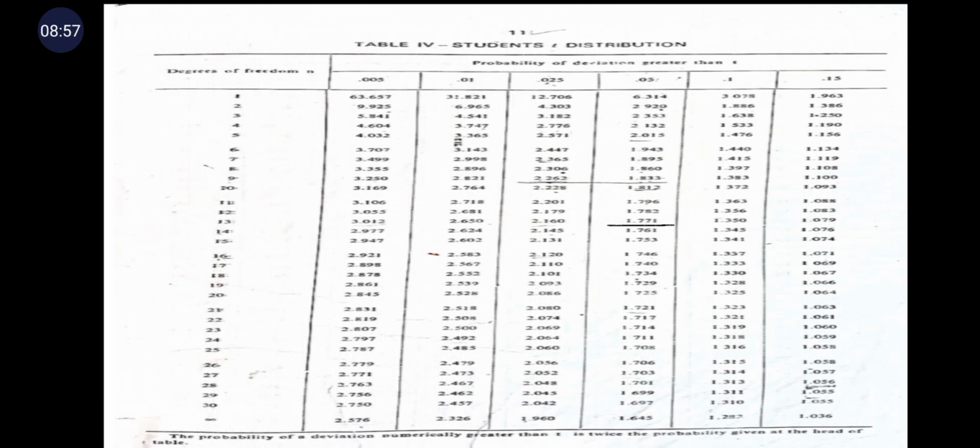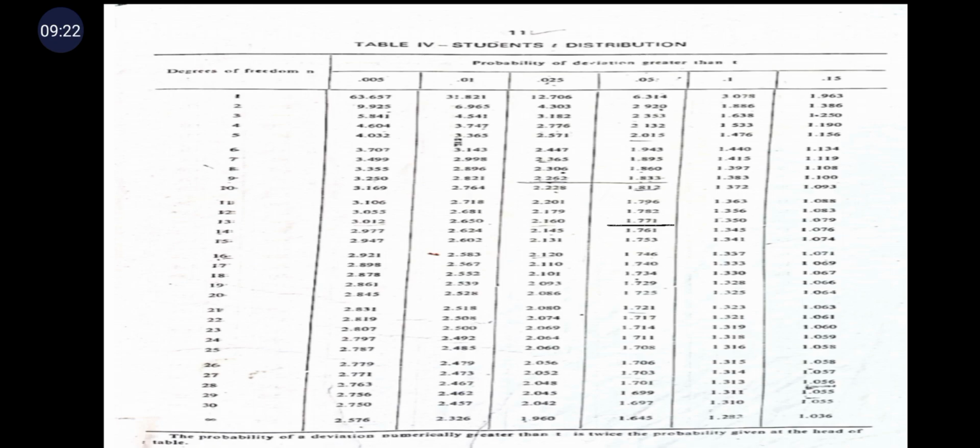How to find this table value: 5% level of significance, another is 1% level of significance. This problem is calculated at the 5% level of significance. The first column is degrees of freedom, 13.